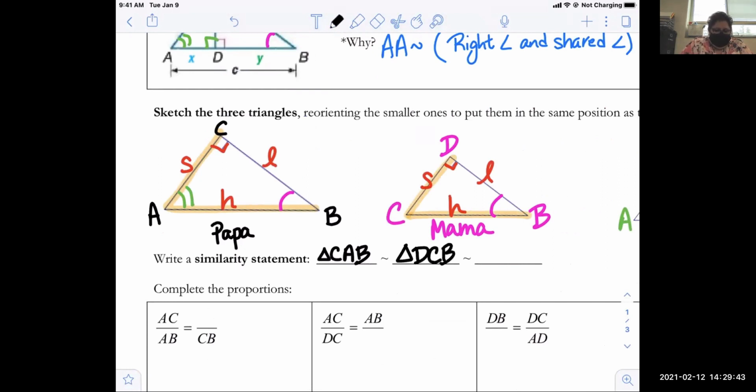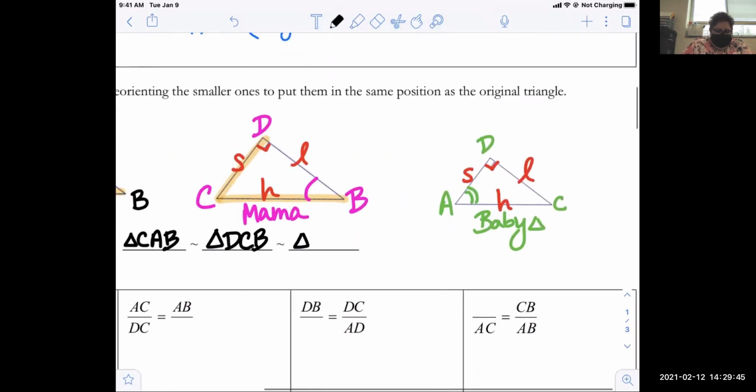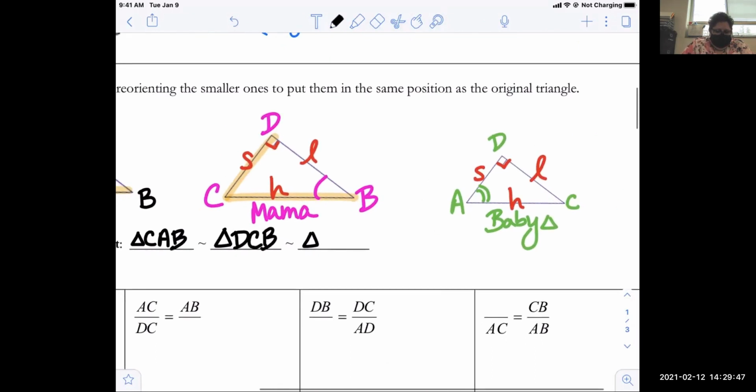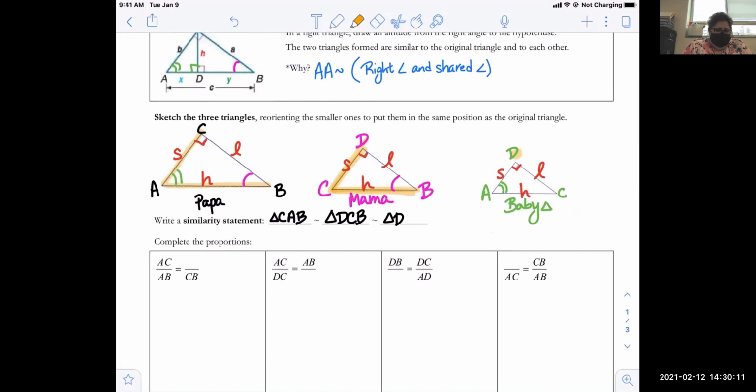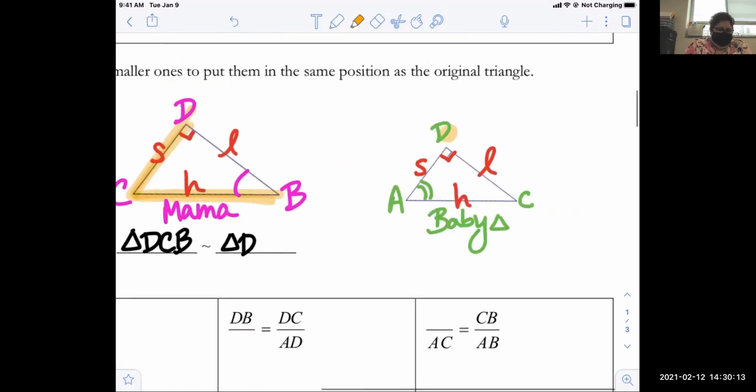Nyla, what's the correct order for the Baby Triangle? I'm going short leg, hypotenuse. So here, start at the right angle and go. They need to all look the same. DAC.